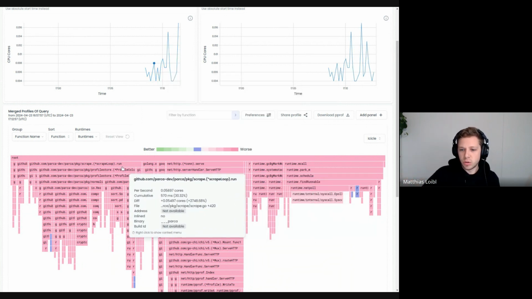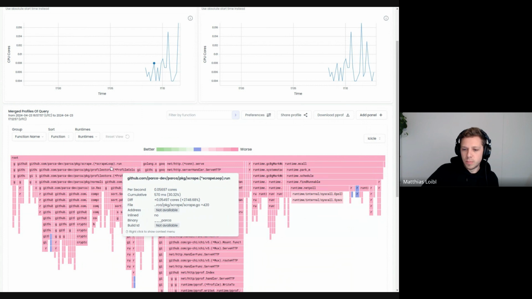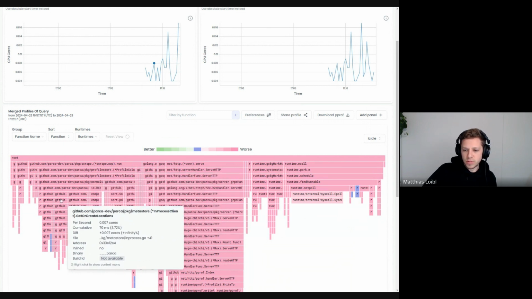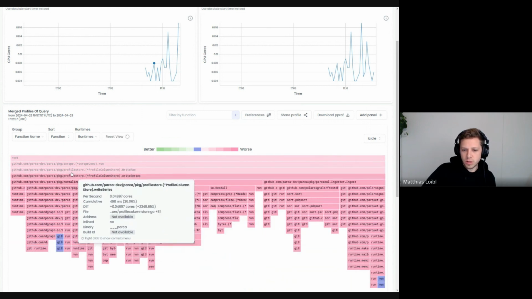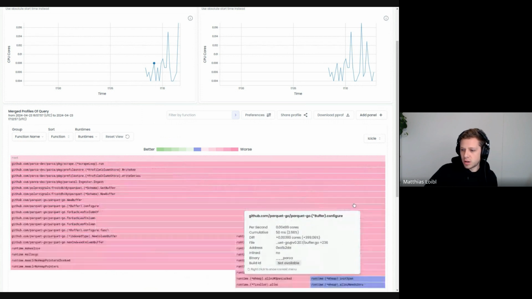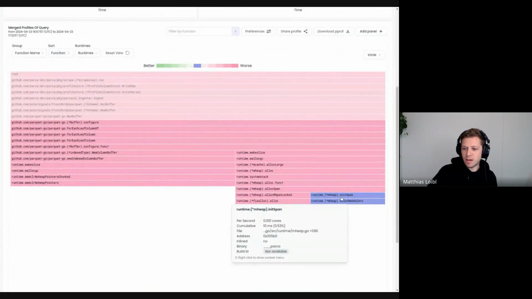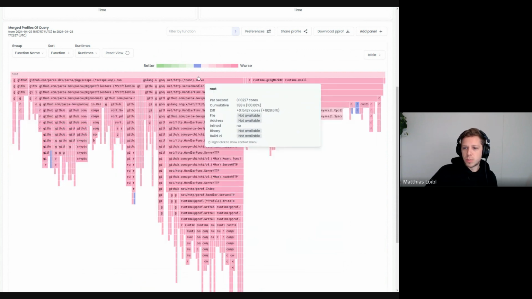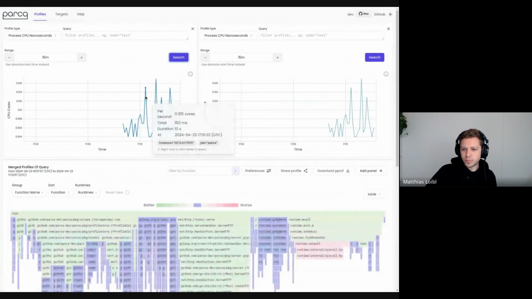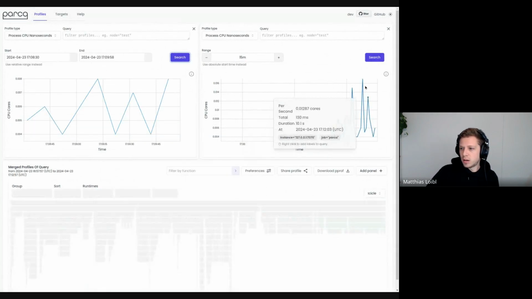So now we can show you that this has improved significantly and differs quite a lot. Whereas some other stuff, if you break it down to cores per second, didn't change a lot.